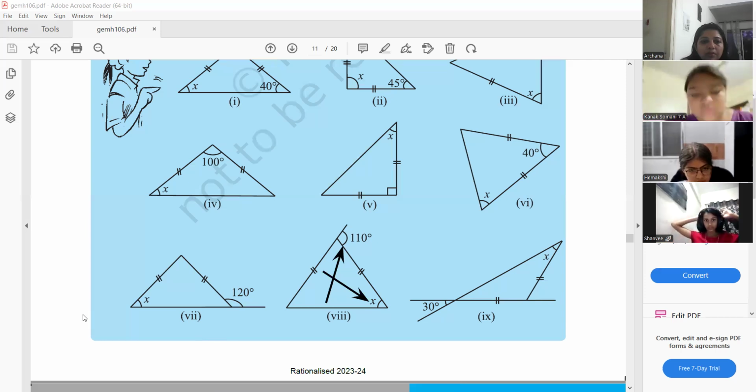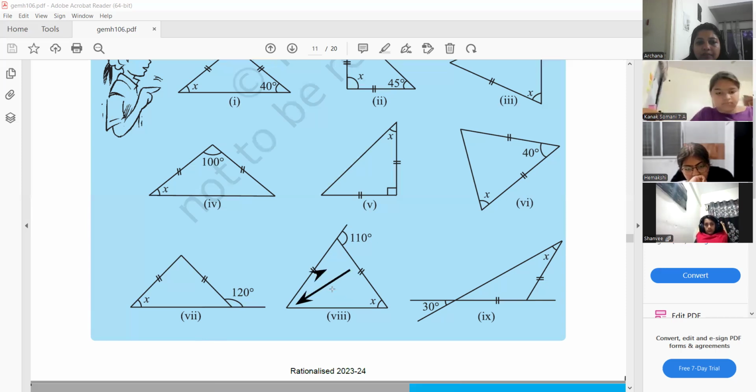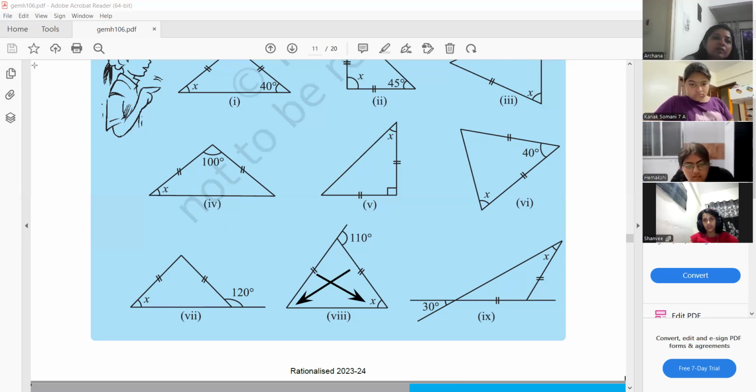Okay. So which two angles are equal? This one and this one, where the two lines are drawn. Can you see my arrows? The arrows which I have drawn just now, can you see them? How is that possible? Now I can see. So there is a lag of 1 or 2 seconds.